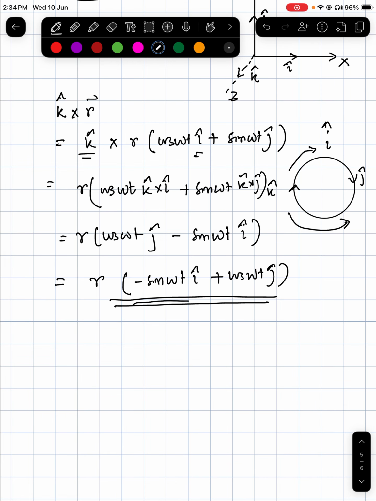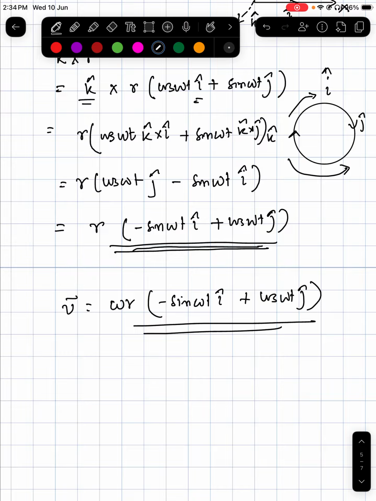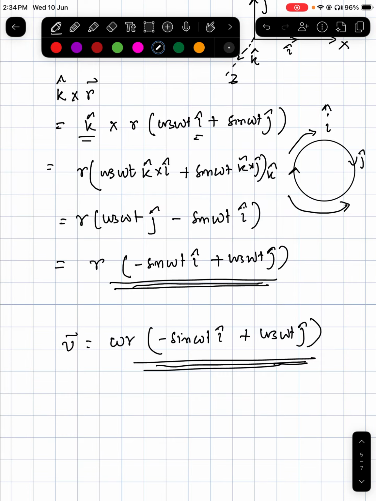We have already found this expression in the velocity. In the velocity, we found omega r, minus sine omega t i cap plus cos omega t j cap, right? So we can easily see that the bracketed expression is present in the velocity.